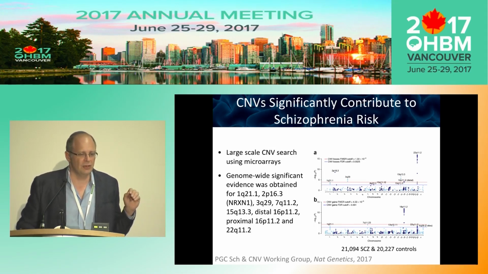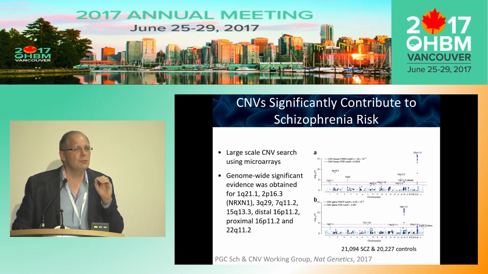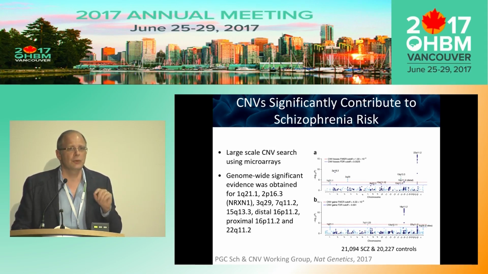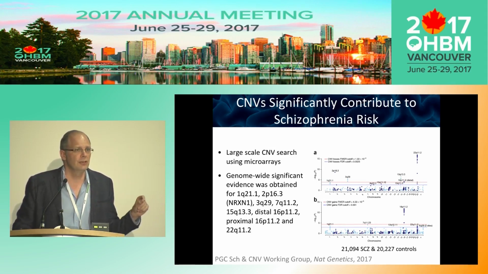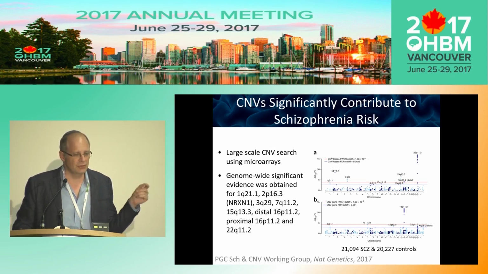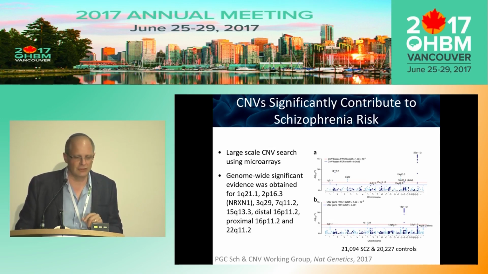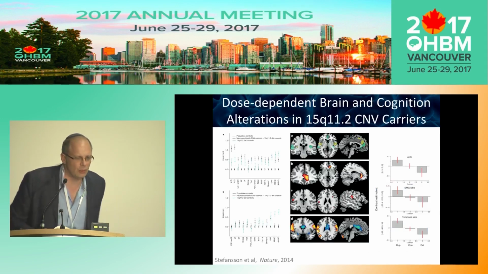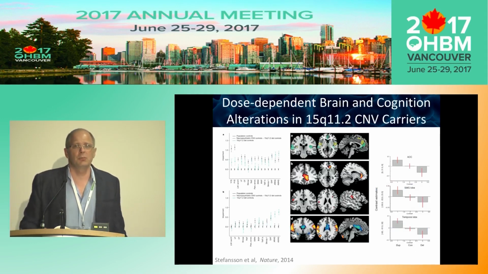And so what you see here is you get some of those same deletions that were associated with autism, but again, you're kind of working it through. And here, particularly, you get the biggest effect at 22q11, which we'll come back to in a moment or two.